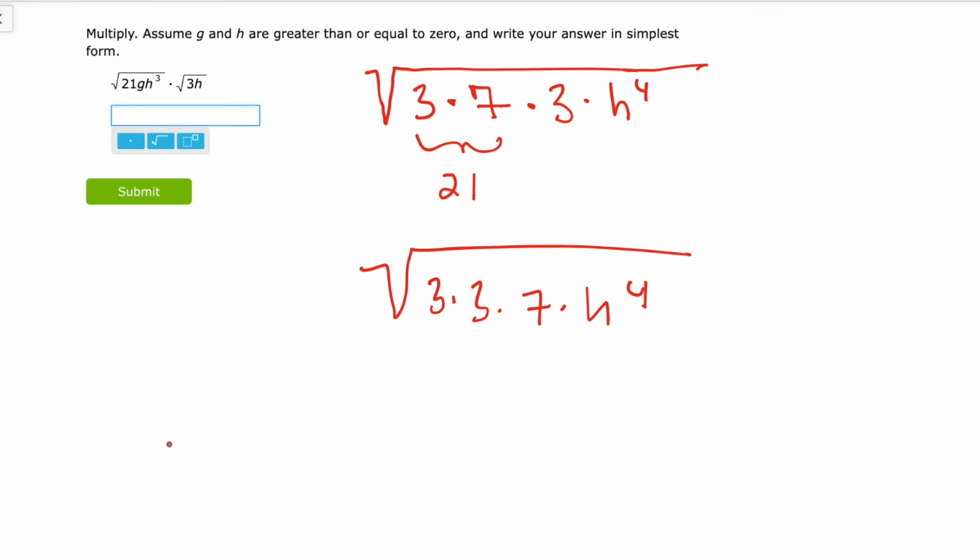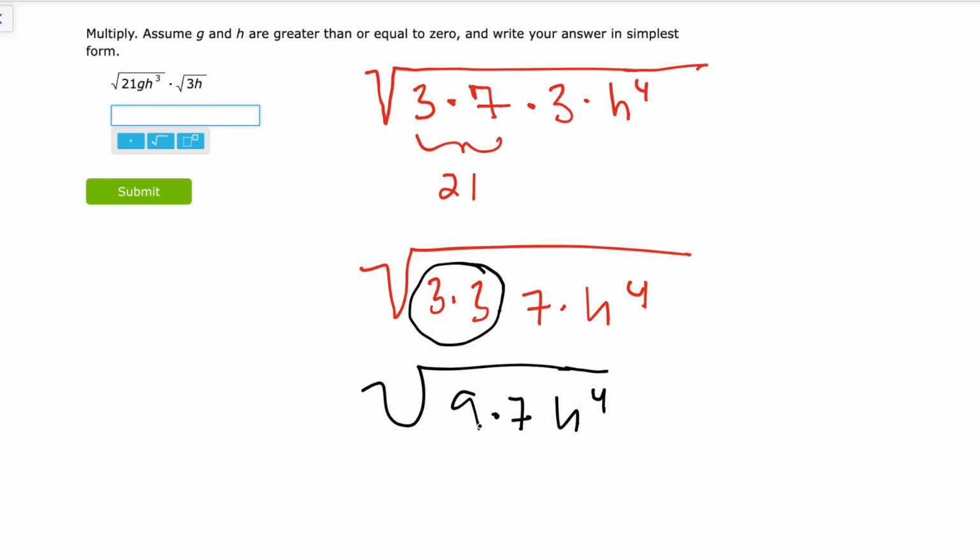Do you know what we can do now? Can we combine our 3s? You could, or you can say, all right, I've got my doubles, I can take that out. Or at the very least, I can do root 9 times 7 h to the 4th, and you can take your root 9 right out, which is 3.